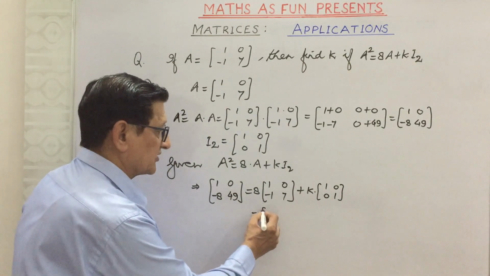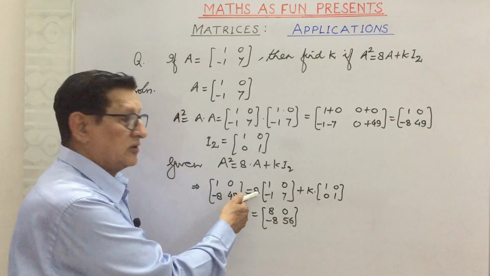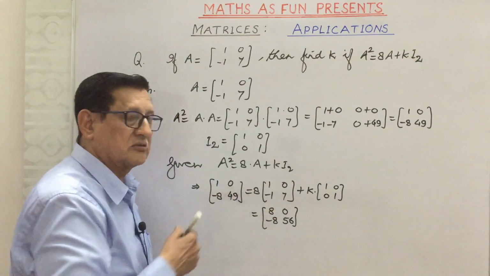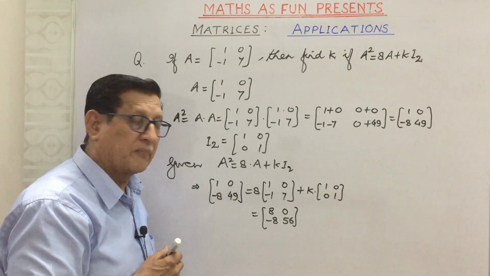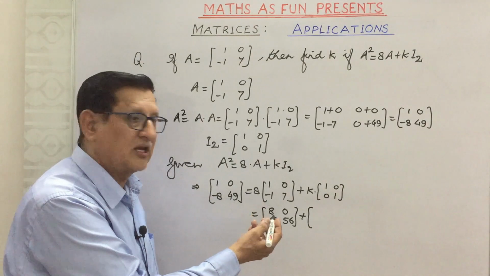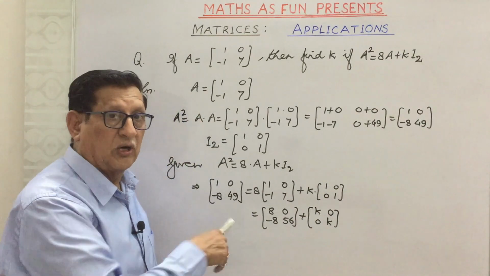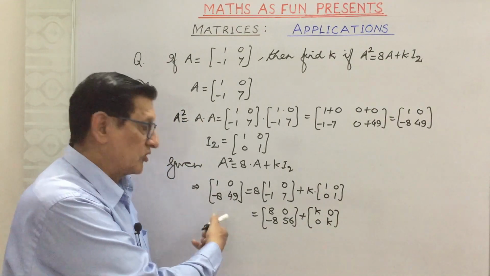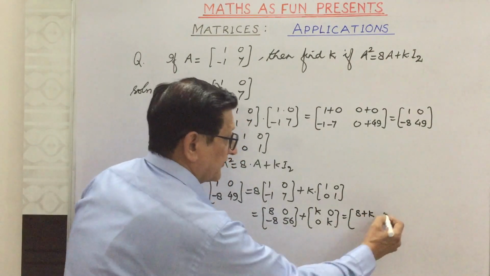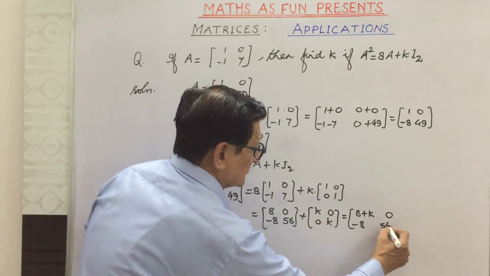When we simplify, this comes as 8 0 minus 8 56, because we know this is scalar multiplication, so we multiply 8 to each and every element of this matrix A. Now we have here K into this. So K will be multiplied to each and every element, and that comes as K 0 0 K. We know how to add the matrices. The corresponding elements are to be added, so that becomes 8 plus K 0 minus 8, and this is 56 plus K.